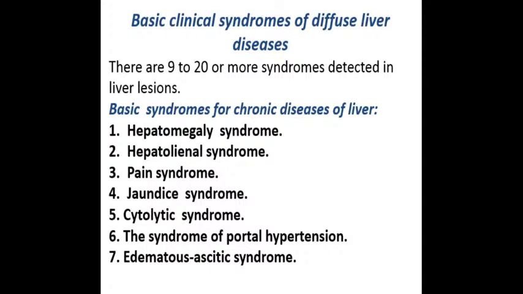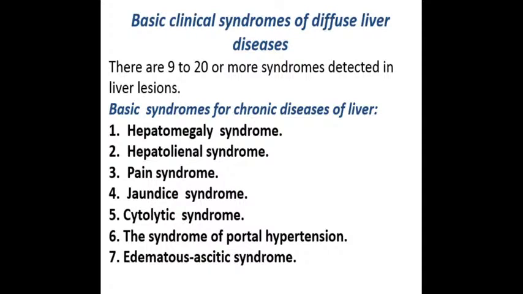In the beginning, we can see the basic syndromes of chronic diseases of the liver. The first is hepatomegaly syndrome, when we palpate the abdomen and can determine enlargement of the liver. Or hepatosplenomegaly, when we can palpate the liver and spleen.